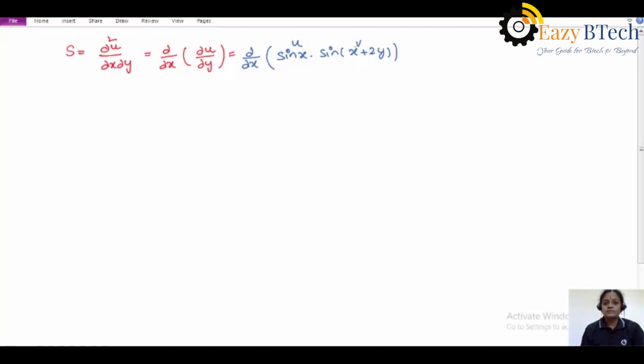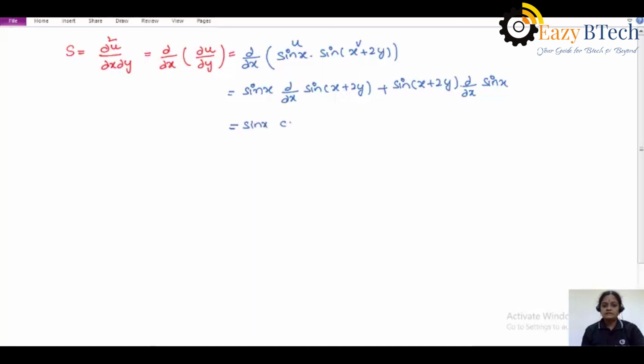Applying the u into v procedure, because the product terms both contain the x variable: sin x into dou by dou x of sin of x plus 2y, plus sin of x plus 2y into dou by dou x of sin x. Now doing the differentiation.